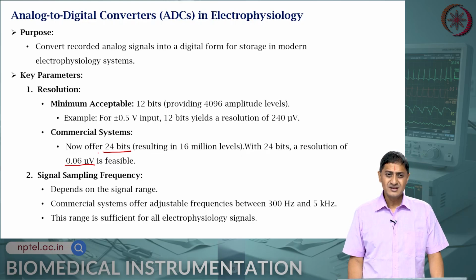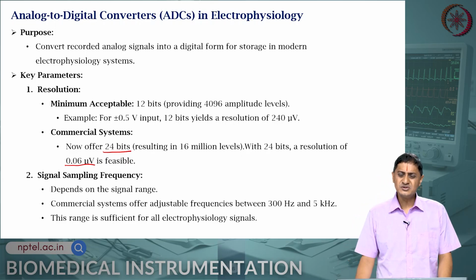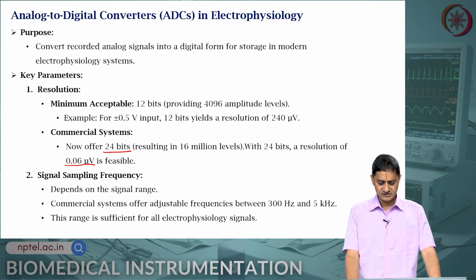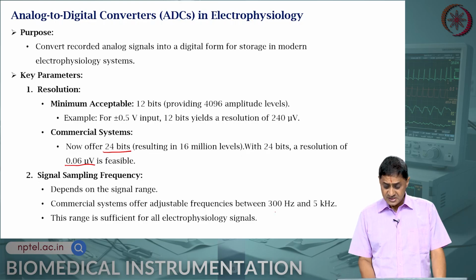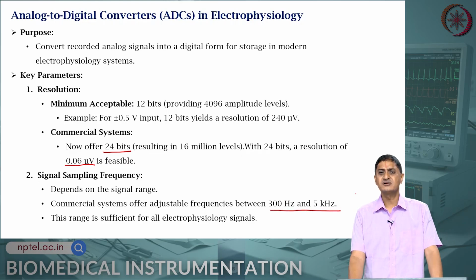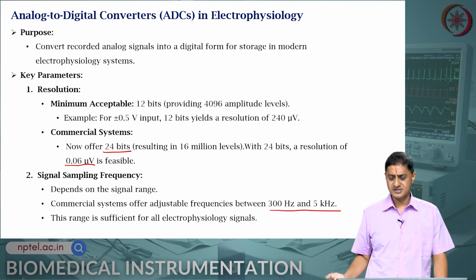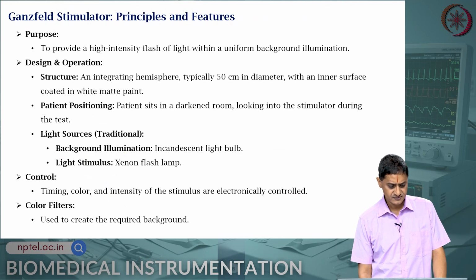And the sampling frequency you choose depends on the range of the system you are interested in measuring. The commercial systems usually offer between 300 hertz and 5 kilohertz. This is more than sufficient for all the electrophysiology signals of interest for us.